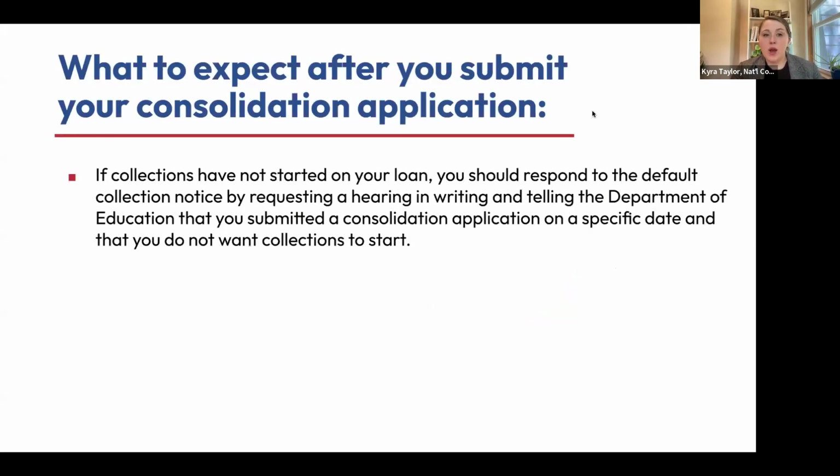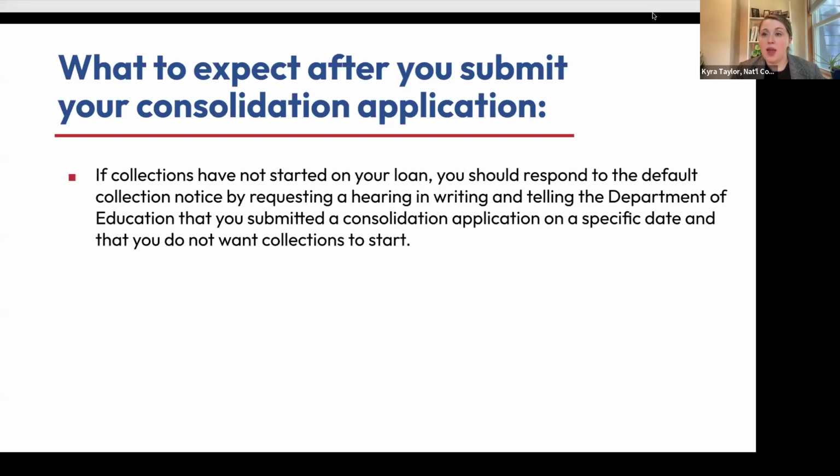Now, here's what you can expect after you've submitted your consolidation application if collections have started. So if collections have not started on your defaulted loan, and you get notice that collection is going to start, then you can respond to the default collection notice by requesting a hearing in writing or submitting an objection and telling the Department of Education that you submitted a consolidation application on whatever date you submitted it and that you do not want collections to start.